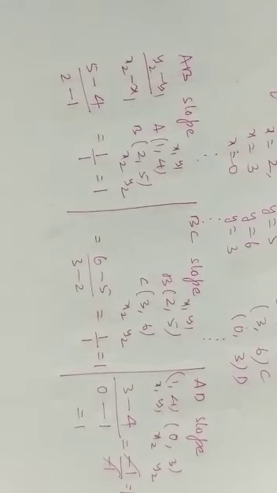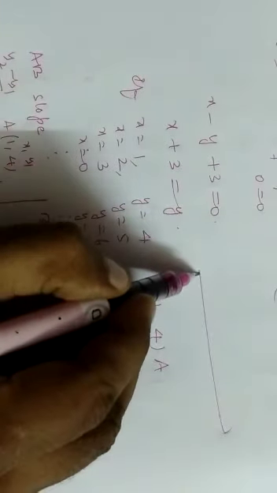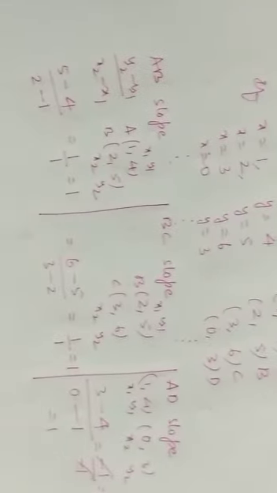the points A, B, C, D all lie on the same line, which means the points A, B, C, D are collinear.